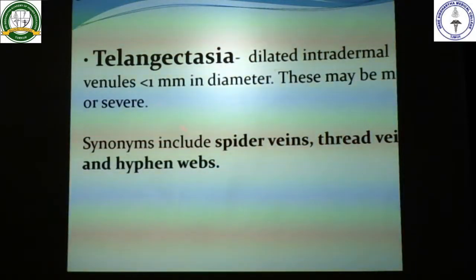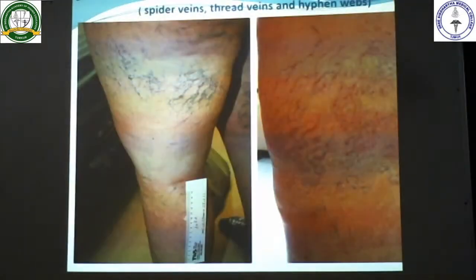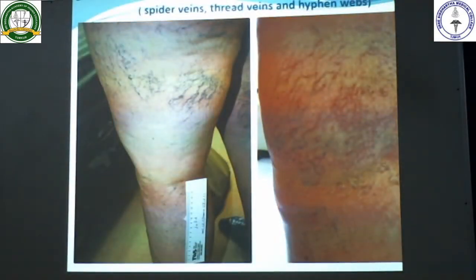Another name for telangiectasia is spider veins or thread veins or even hyphen webs. It will be called by these other names. If you see this image, these are not varicose veins. Varicose veins means bigger veins; they should be more than 3 millimeters in diameter.